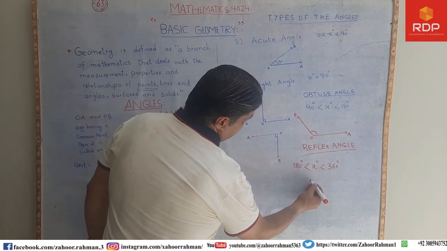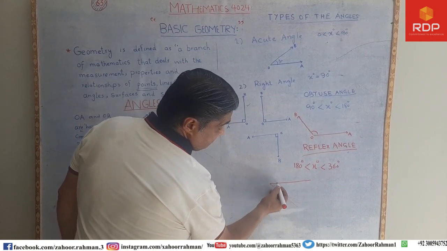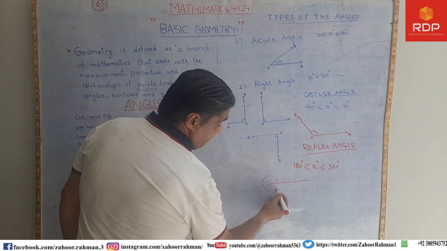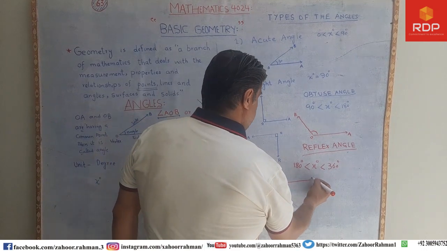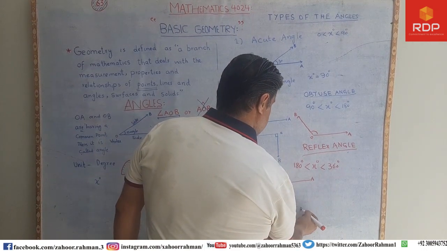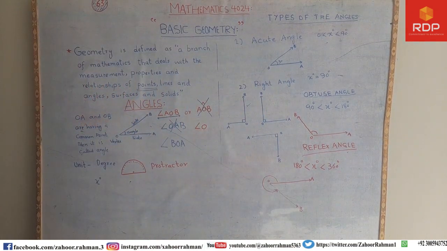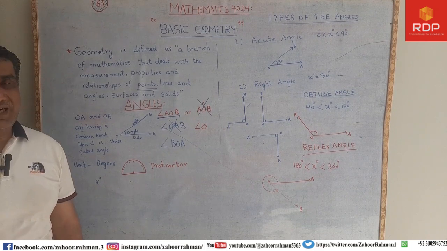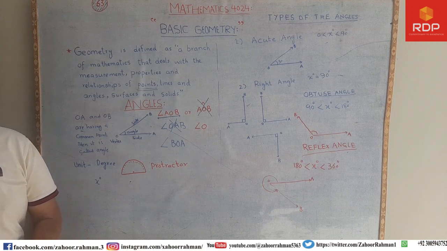Now reflex angle can be denoted like this, not this one. It must be this one. For example, if this is O, this is A, and this is B, so we are calling it AOB is a reflex angle because this angle is greater than this type.